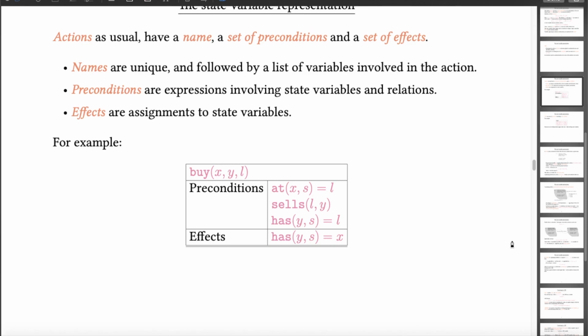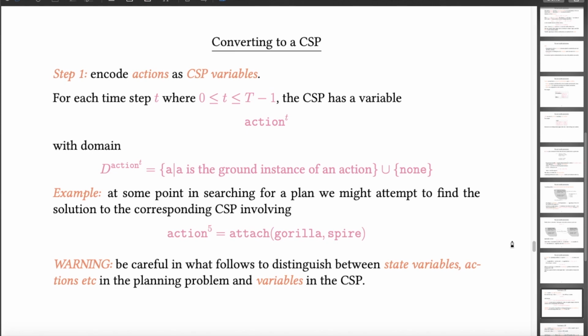And those ground actions are possible values that can be assigned to an action variable within the CSP. So for example, at some point in trying to solve the CSP for the running problem, we might find that action 5 is that we should attach the gorilla to the spire.